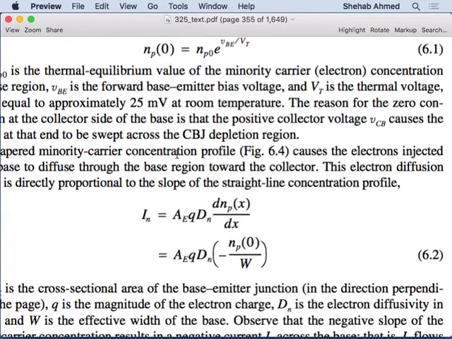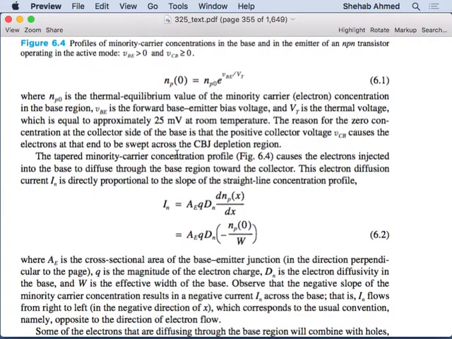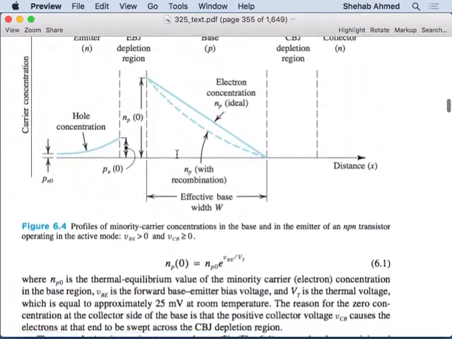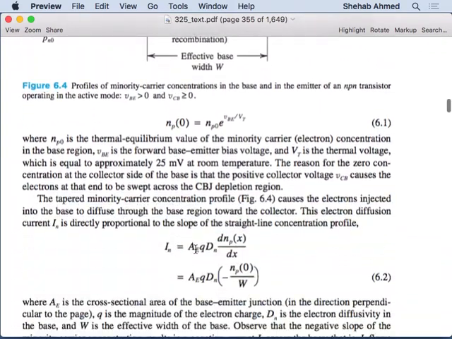So if I would like to look at the amount of current that's flowing, this current is flowing through what? Through an area of the emitter, and it's mainly due to the electrons that have a certain amount of charge, and then these electrons have a certain diffusivity constant, and these electrons have a concentration that varies with the distance.